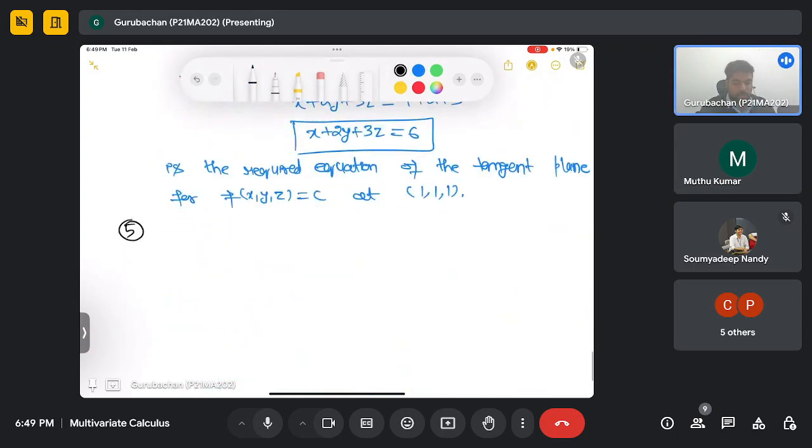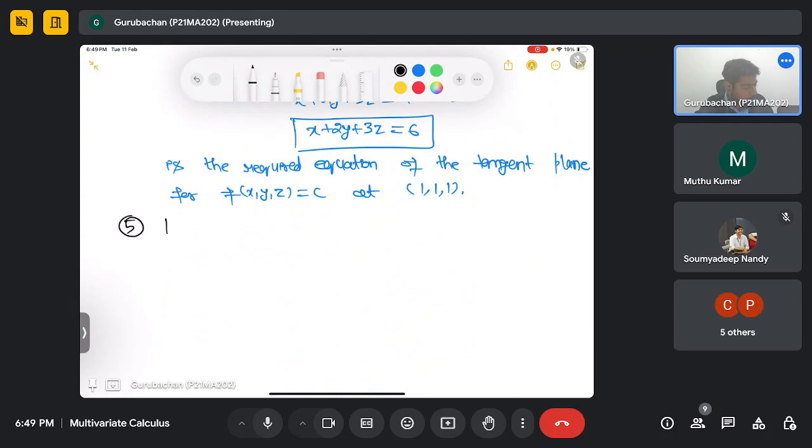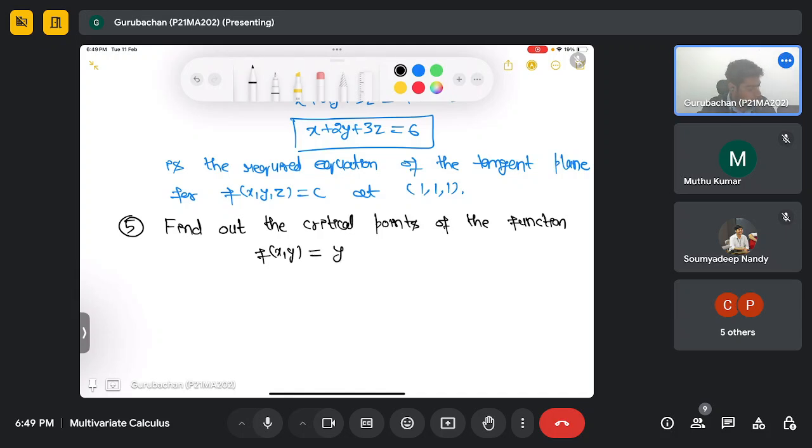Okay, let me move to the next question. Find out the critical points of the function f(x, y) equal to y square plus 4xy plus 3x square plus x cube.